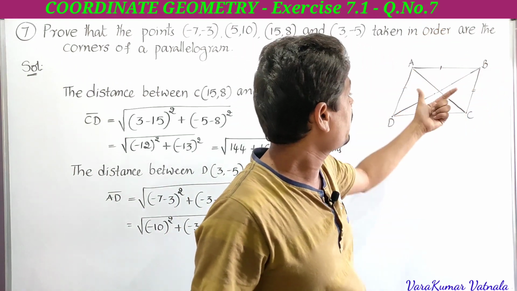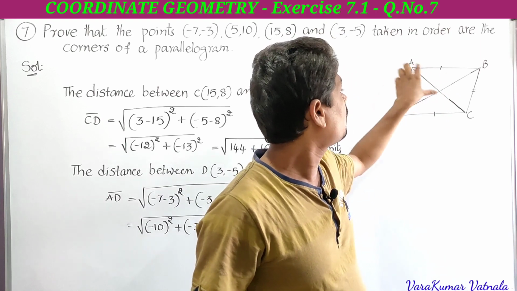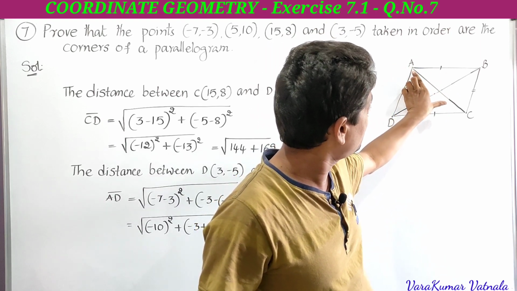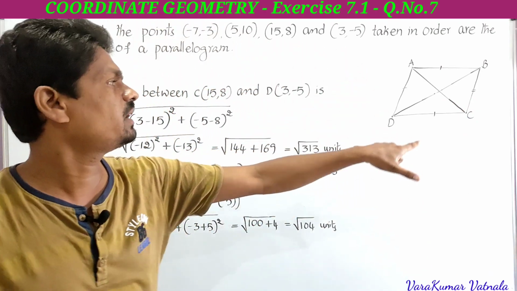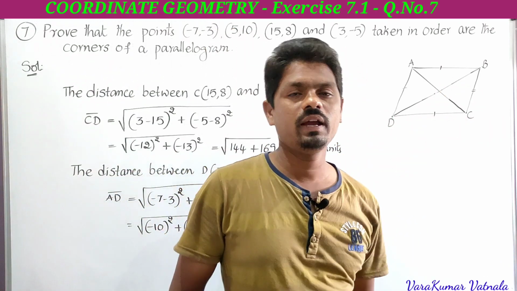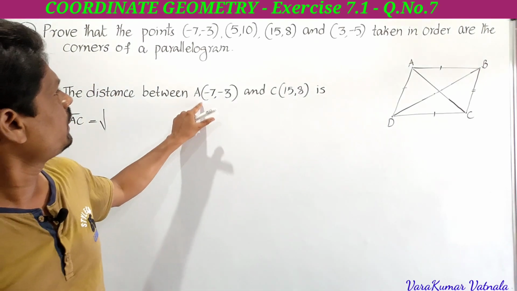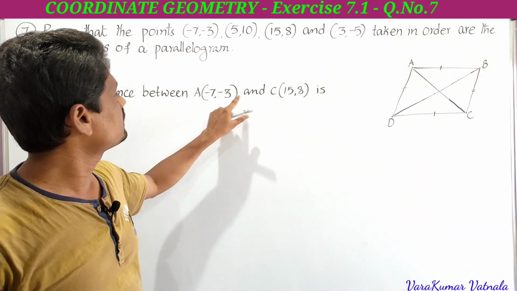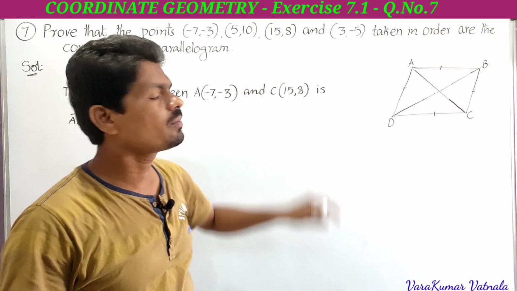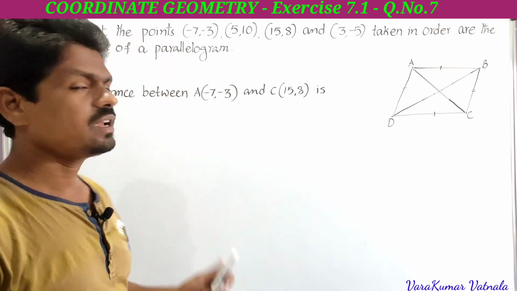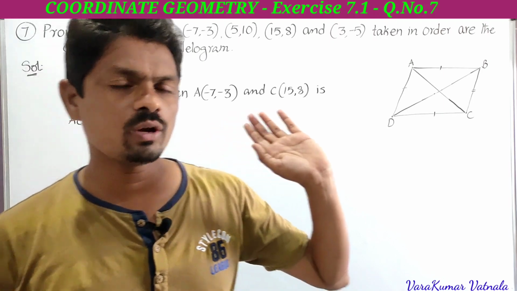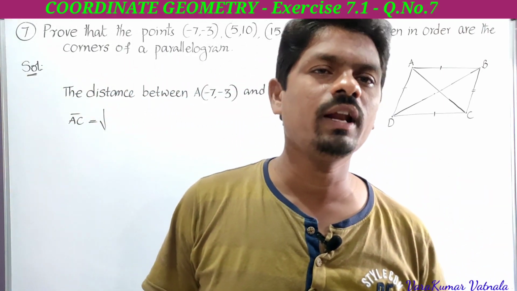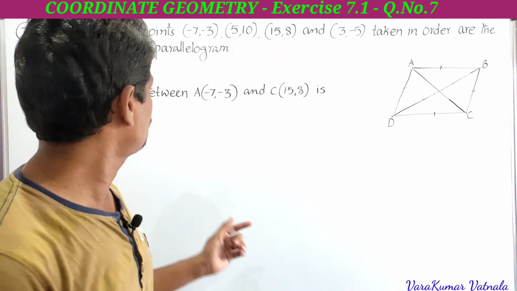Next we have to find the lengths of the diagonals AC and BD. We have to find the distance between A and C, and B and D. The distance between A (minus 7, minus 3) and C (15, 8) is AC. Again we just substitute in the distance formula: square root of x2 minus x1 whole square plus y2 minus y1 whole square.